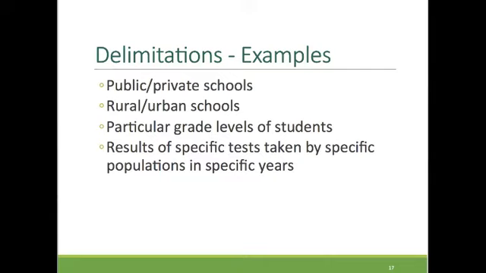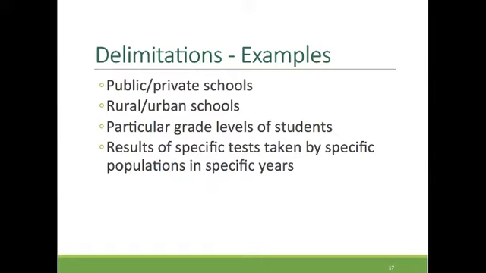Same thing, you may decide that you're going to limit your research to just rural schools in Missouri and you're going to exclude urban schools. Or you're only going to include grades 3 through 5 in your study. You're not going to include grades K, 1 and 2 or middle school or high school. So you define those delimitations.